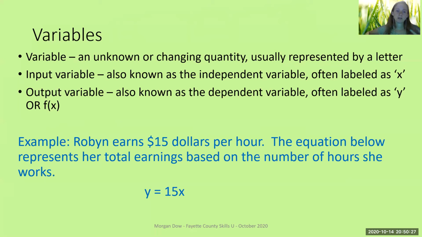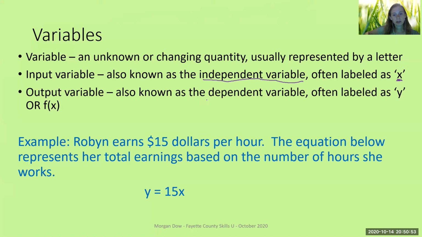So let's remember that a variable is an unknown or a changing quantity, usually represented by a letter. And we said that a function is this special relationship between an input variable and an output variable. So your input variable can also be known as the independent variable. And it's often labeled with the letter X, not always, but X is a traditional choice for the input variable.